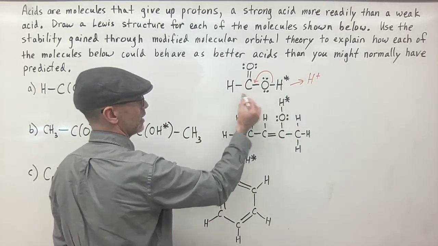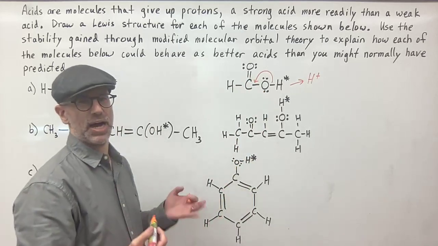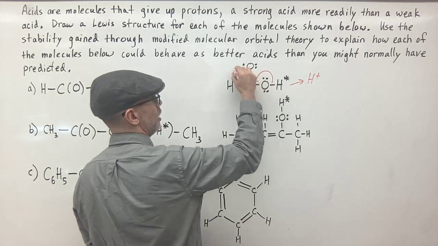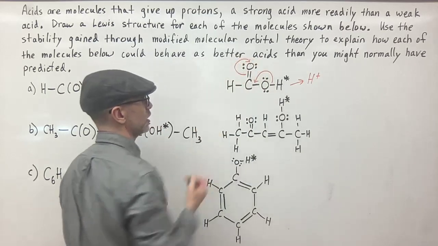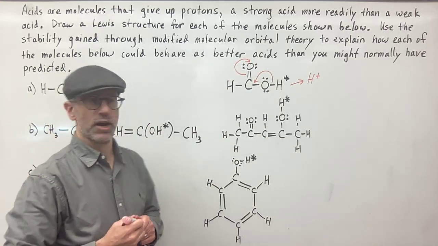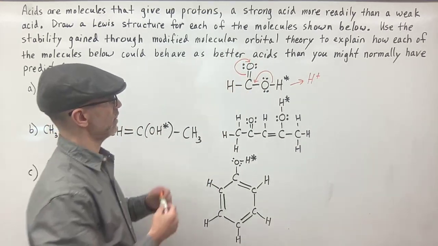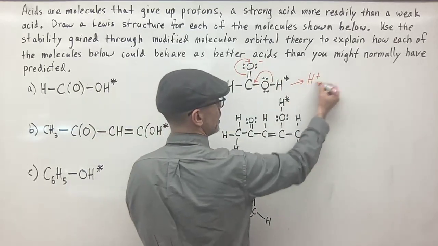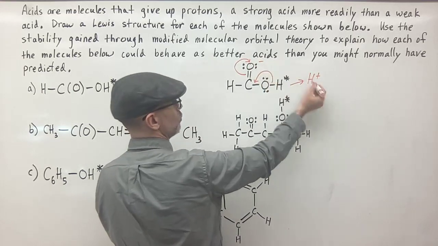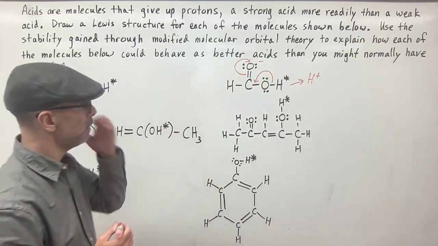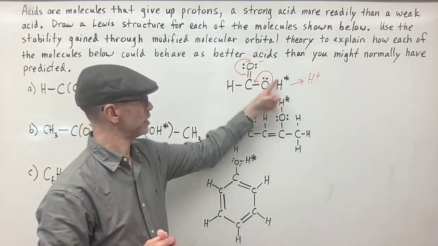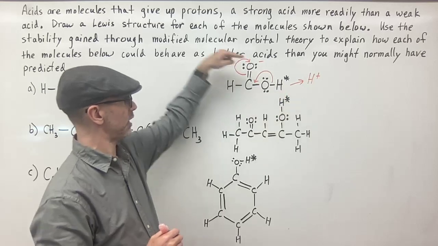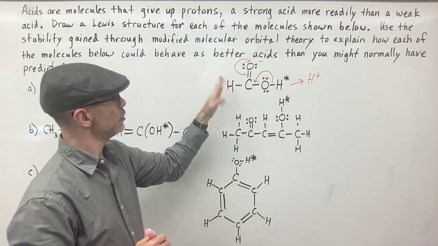But then this carbon would end up with 5 bonds, which is not possible. So that's going to push the electrons in one of the bonds here onto this oxygen, giving it 3 lone pairs and a single bond. So then this oxygen would have a negative charge on it. And then this hydrogen would be attracted to this oxygen and then bind there, right? So you could have the OH group here instead of here, right? It would still be the same structure, except the hydrogen would be bonded to this oxygen rather than this one, right?